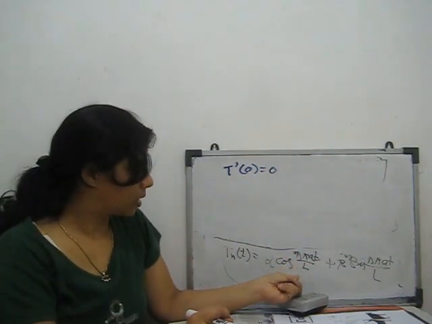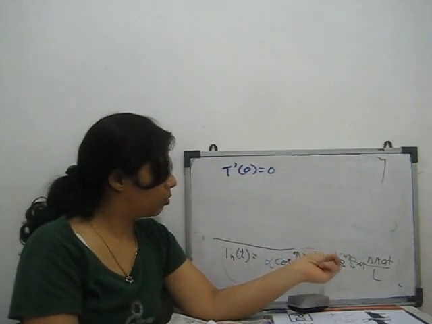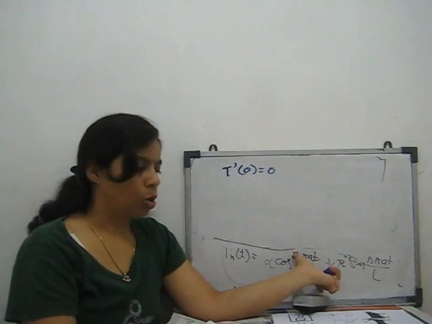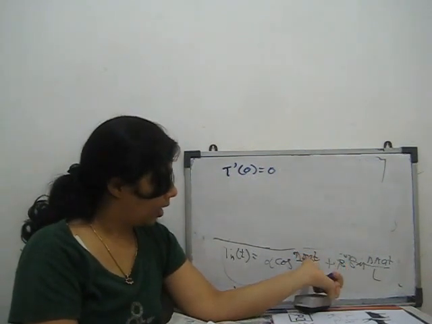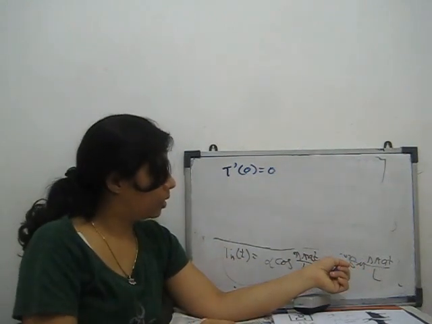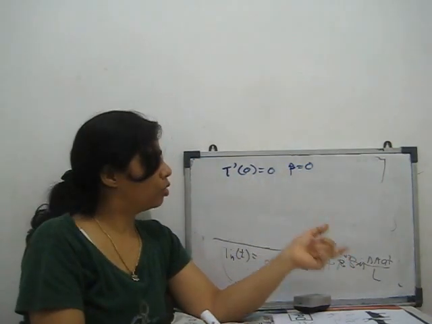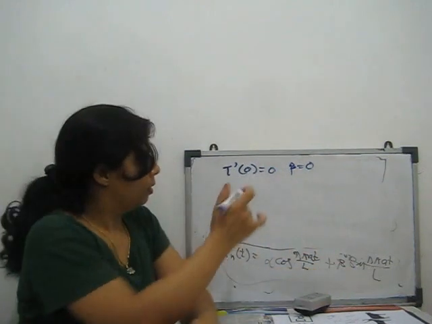Derivative of cos is sine, derivative of sine is cos. When we put t equal to 0, sine 0 is 0. So alpha goes, beta remains; with this value equal to 0, beta also gives beta equal to 0. If beta equal to 0, it means alpha is equal to minus of beta.